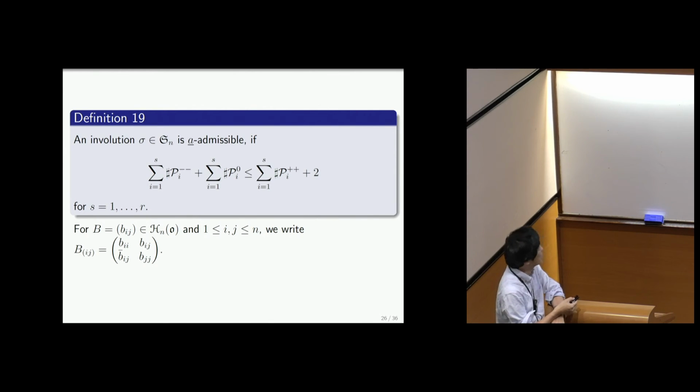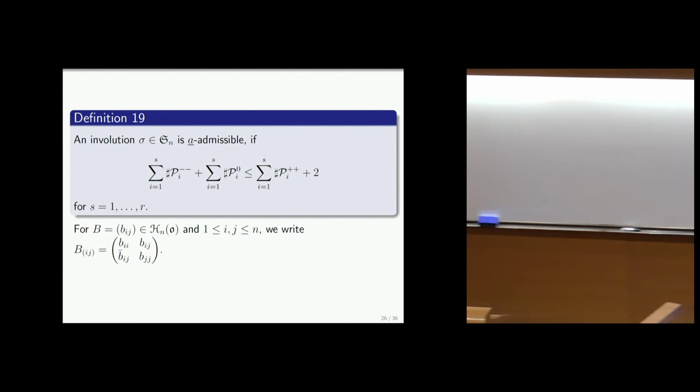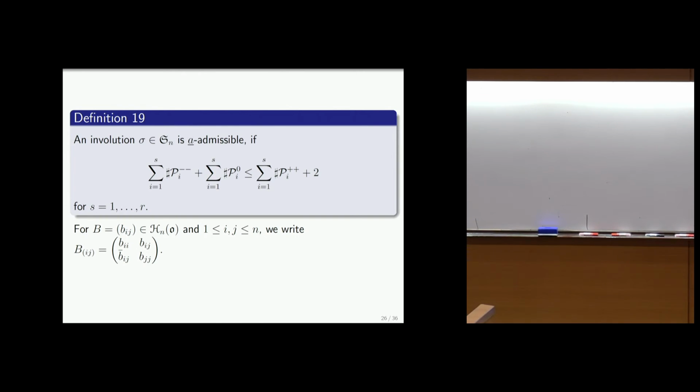So for each block, this inequality should hold. For a semi-integral Hermitian matrix B and i, j, B sub ij is the submatrix B_ii, B_ij, B_ji and B_jj.